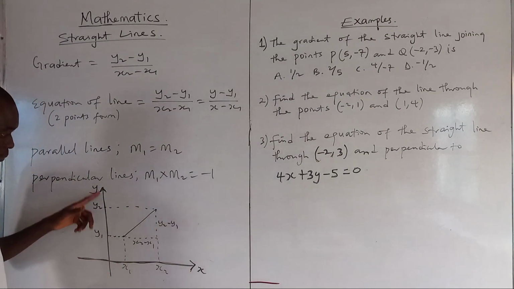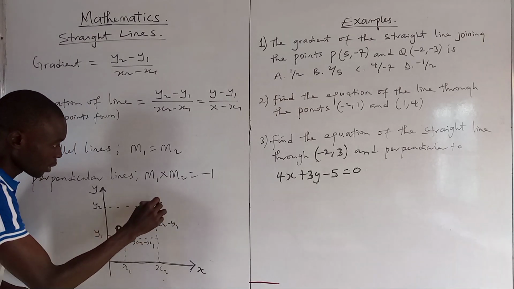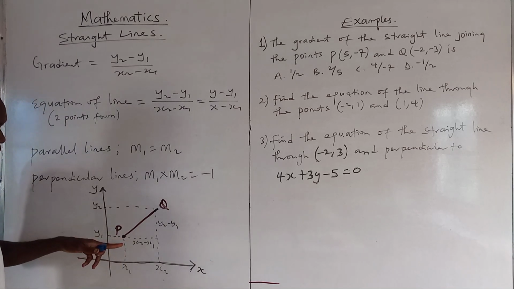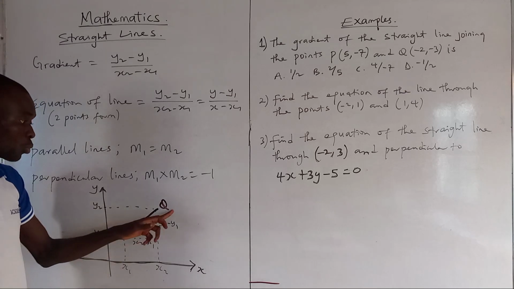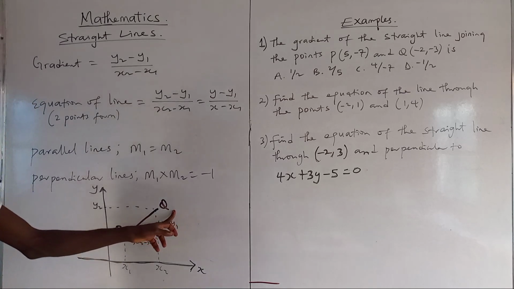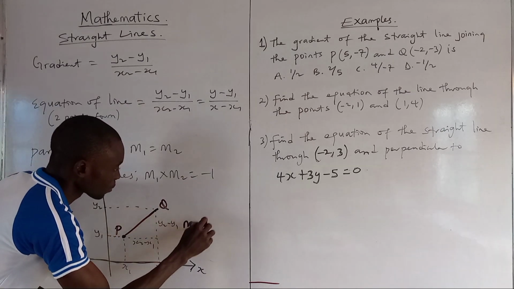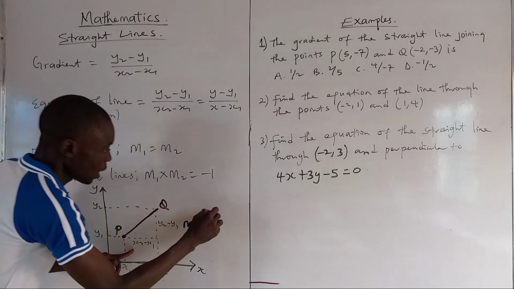Now, this is what we are saying. If this is a straight line PQ, the coordinate of P is (x1, y1), while that of Q is (x2, y2). So, in order to find the gradient, also known as m, it is going to be change in y over change in x.